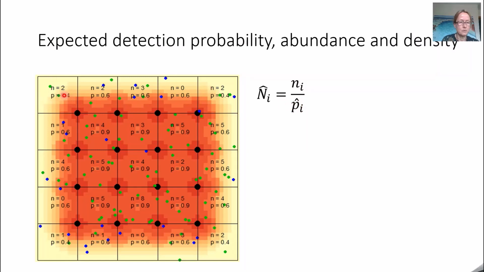And so p equals 0.4 here in the top left square. This should actually be little p_1. So we can use these to calculate what the abundance was in the region, which we'll call capital N_i, which we see here. This also has a hat on because it's an estimate.